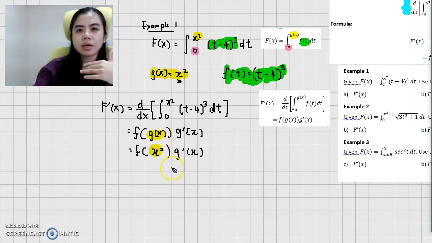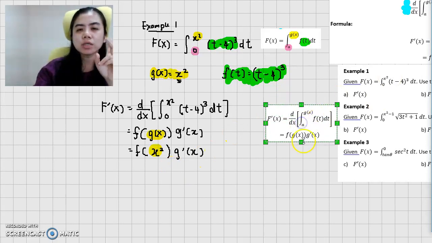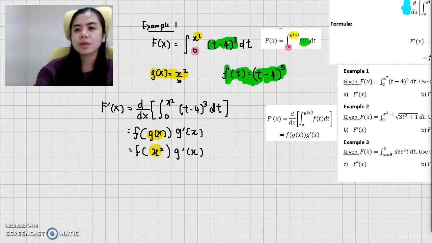From here you already know that there are two things that I need to find. The first is f of x squared. Where is f of x squared coming from? It comes from the original function f in terms of t, which is this one.